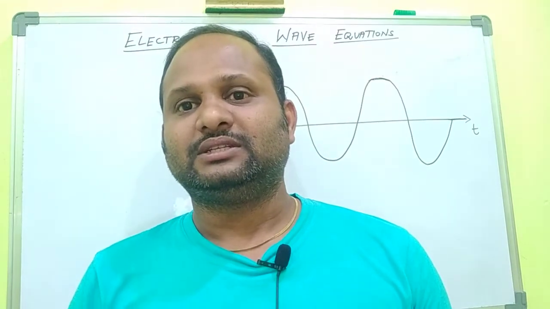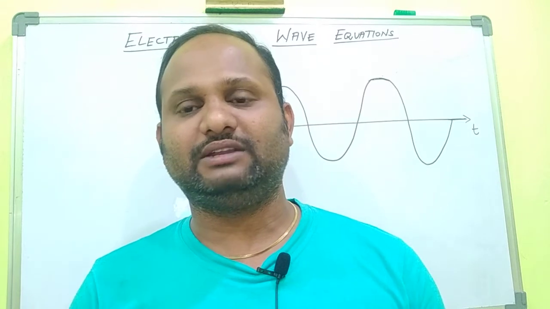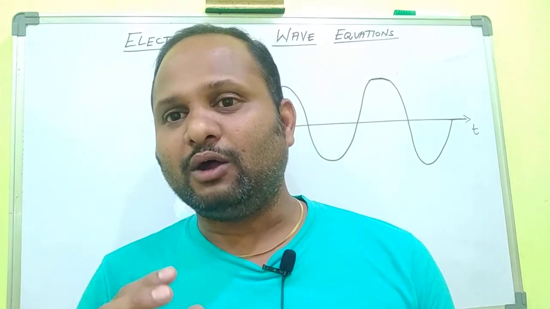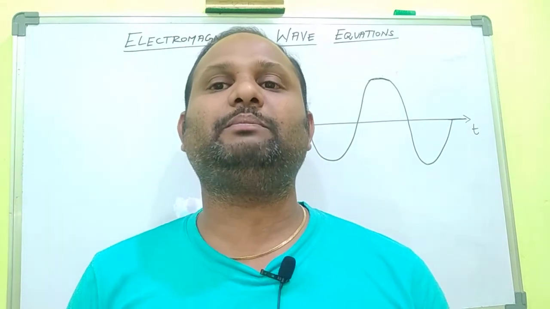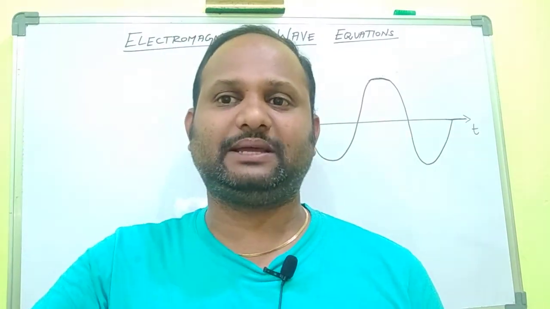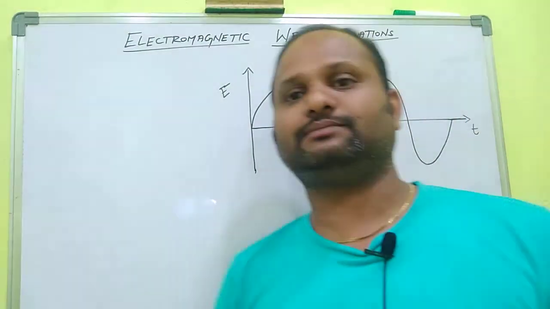These electromagnetic waves do not need any material medium to propagate. We know that very well. How is the propagation of electromagnetic waves explained? On what basis can it be explained? The propagation of electromagnetic waves can be explained with the help of electromagnetic wave equations.